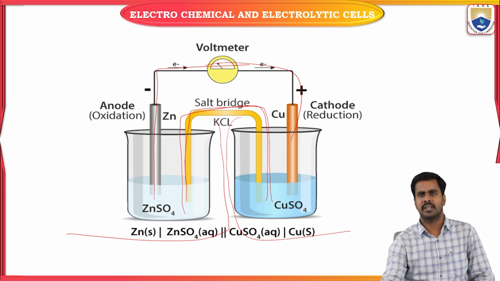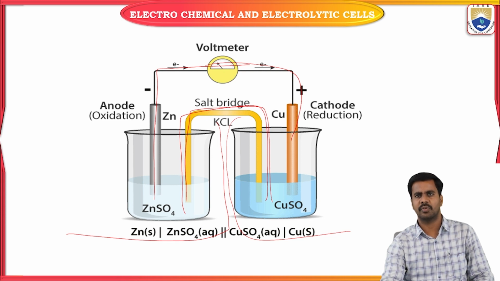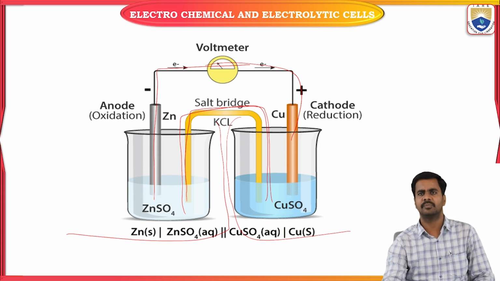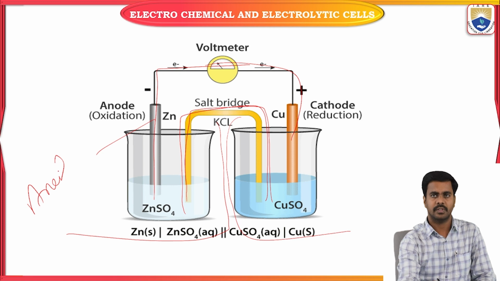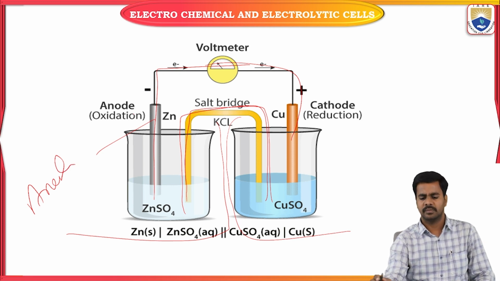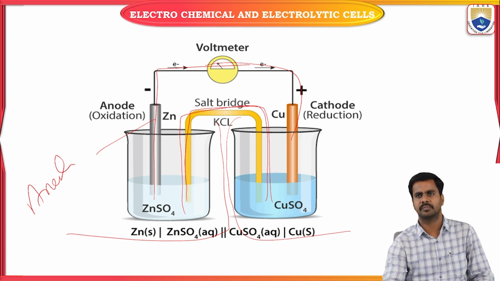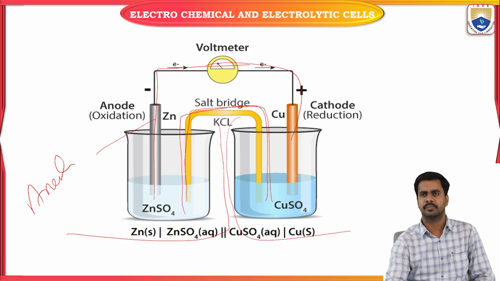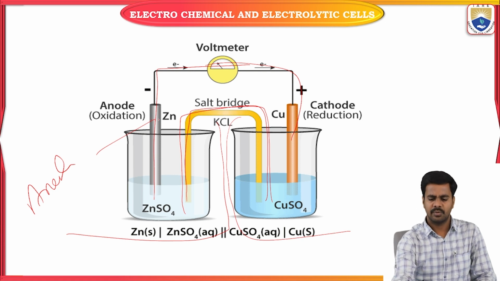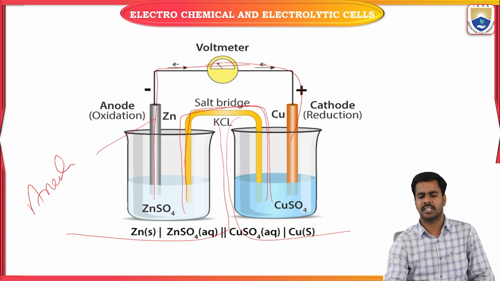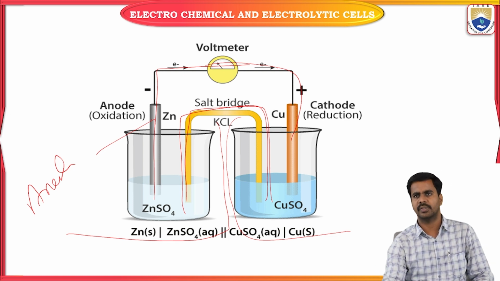An example of an electrochemical cell is the Daniel cell. Here we are using zinc as the anode, which is dipped into a solution of ZnSO4, and the cathode is copper, which is dipped into copper sulfate solution. The anode and cathode are connected through an external circuit.